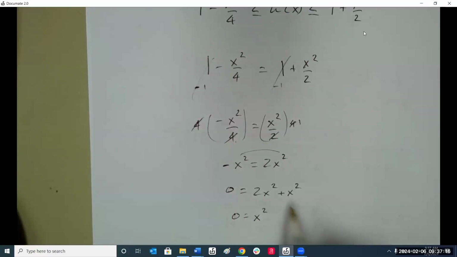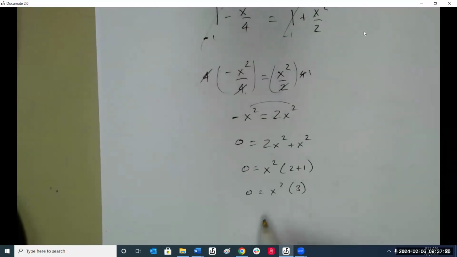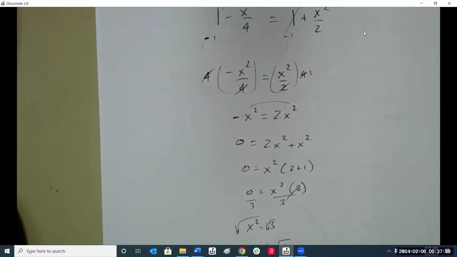We can factor out an x squared, 2 plus 1. Divide by 3. So x squared is equal to 0 over 3, so we have x is equal to plus or minus the square root of it.